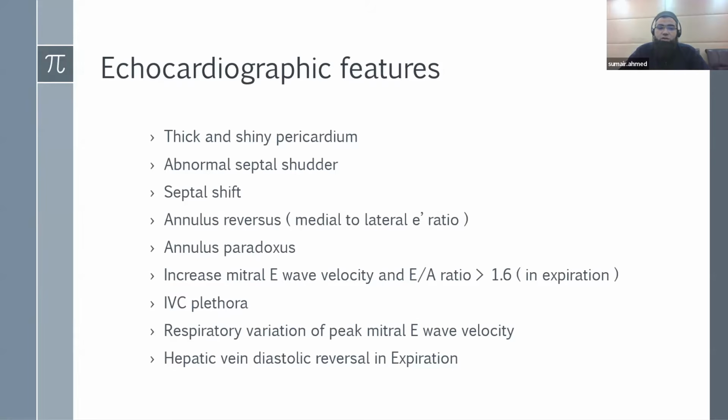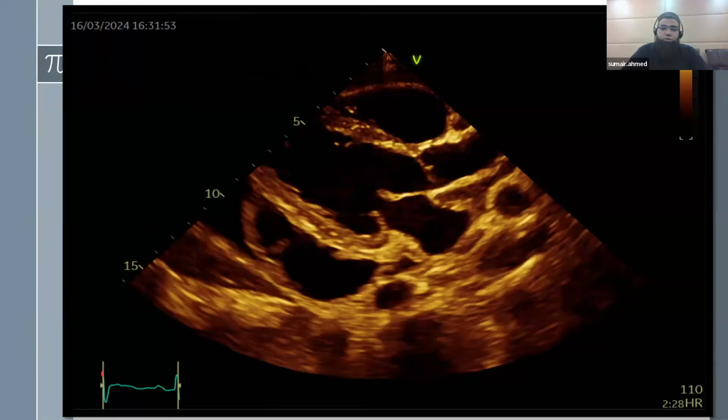These are a thick and shiny pericardium, abnormal septal shudder, septal shift, annulus reversus, that is medial to lateral e' ratio, annulus paradoxus, increased mitral E velocity and E/A ratio, which should be greater than 1.6 in expiration, IVC plethora, respiratory variation of mitral E wave velocity, and again the hepatic diastolic reversal ratio.